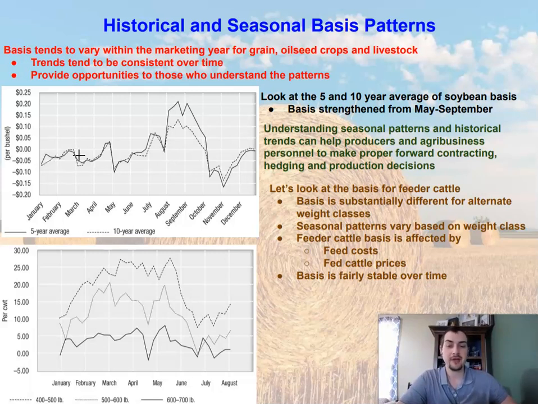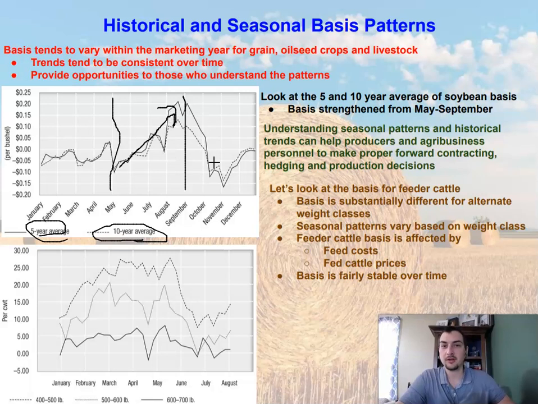But we notice that it varies throughout the year, like as we look from August to September. And if we go all the way back from May to September, we notice that basis is strengthening. Whether you're dealing with the 5-year average or the 10-year average, basis is strengthening over that particular time.